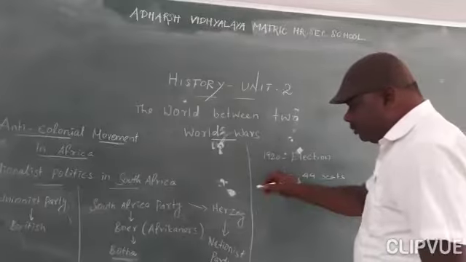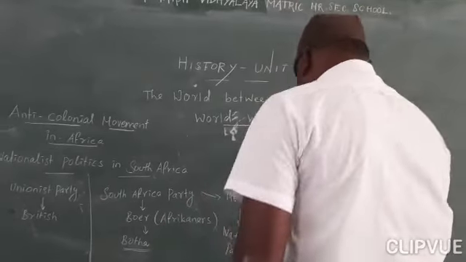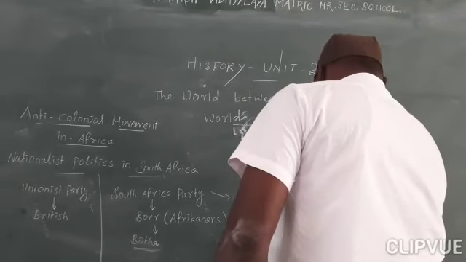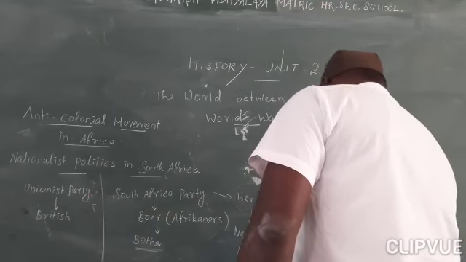And then you can see one more party, led by Botha, that is the South African Party, and one more party, that is the Unionist Party.